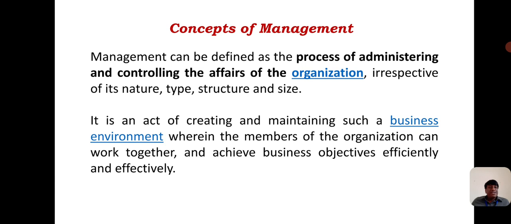Irrespective of the size, whether it is small, medium scale or large, you need to manage. That consists of two important aspects: the process of administering and controlling the affairs of the organization.